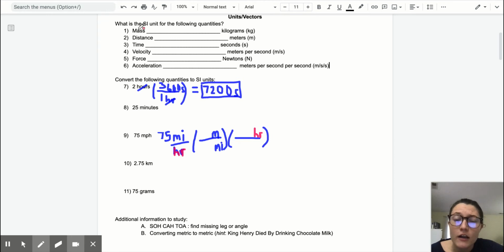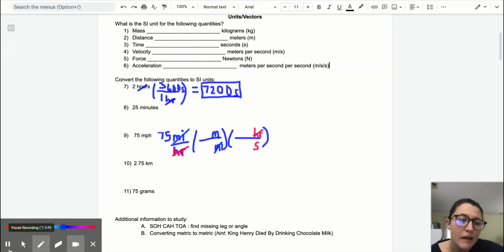And our metric unit for time is seconds, so we're going to need seconds in the denominator. What that's going to give us, okay, we'll see that hours will cancel, miles will cancel, and we'll be left with meters over seconds. Now we just need the conversion factors.